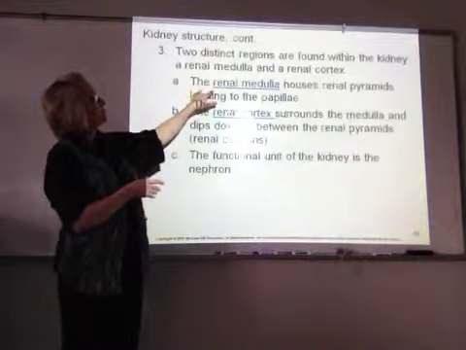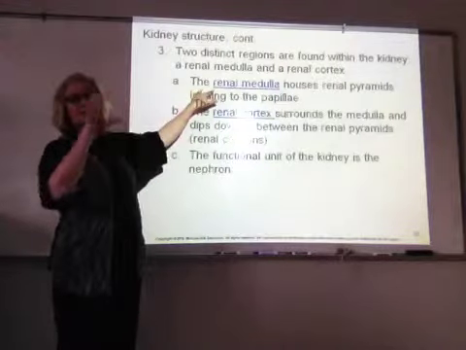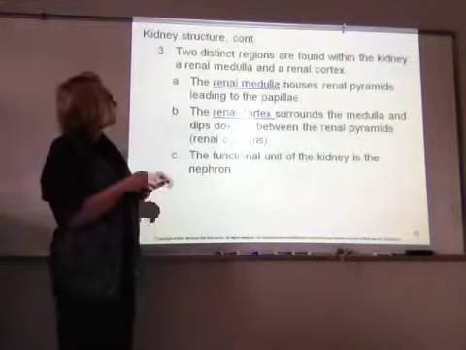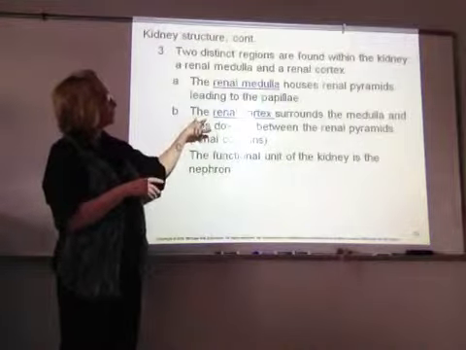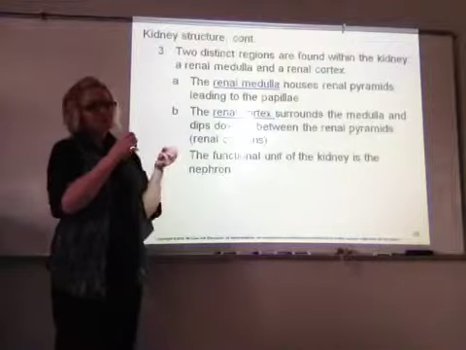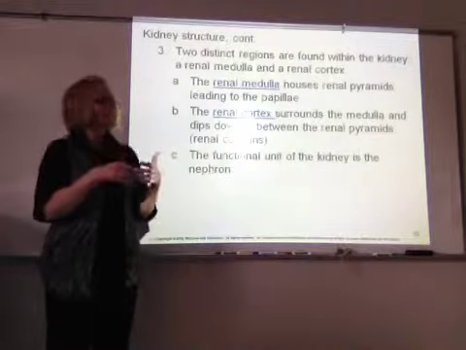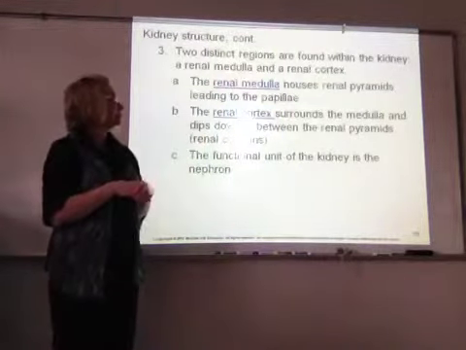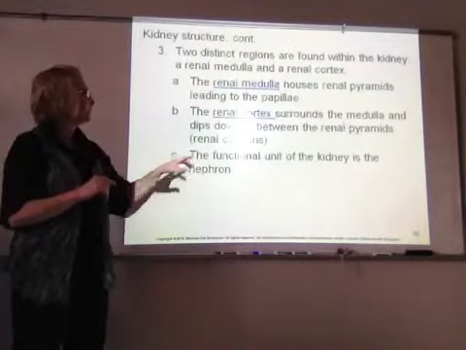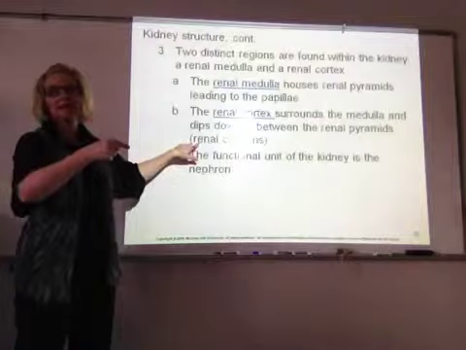The renal medulla is going to hold these pyramids, or renal pyramids, that we'll look at. The renal cortex surrounds the medulla and then it's going to fill in, or dip down in between the renal pyramids, and where that drops down, it's called renal columns.